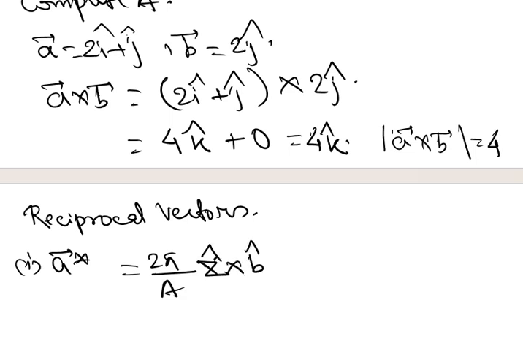Here A is 4, so it is 2 pi by 4 times 2j cross k cap.